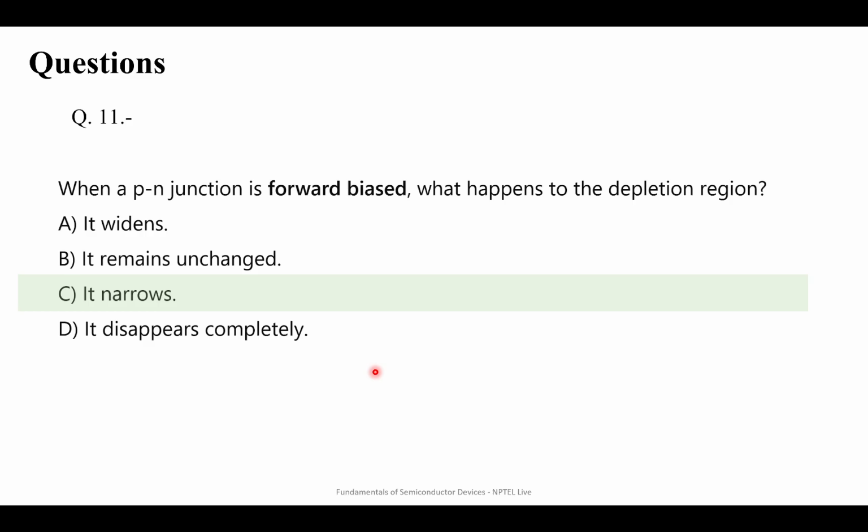That is correct. The correct answer would be it narrows. So when you forward bias the PN junction, there will be more injection of charge carriers in the N side and P side.